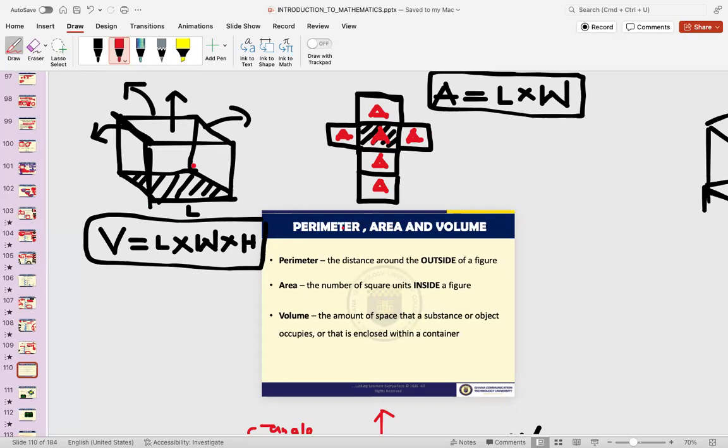But when it came to the volume, you could find it only once here as one big volume for the whole thing by using the length, the width, and the height. So this was 3D, 3-dimension. This is 2D, 2-dimension.